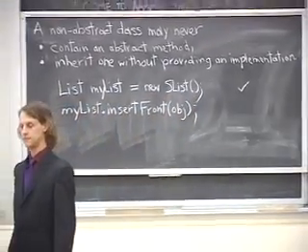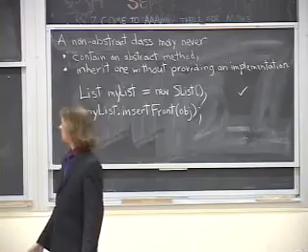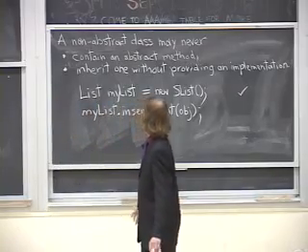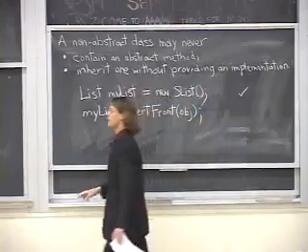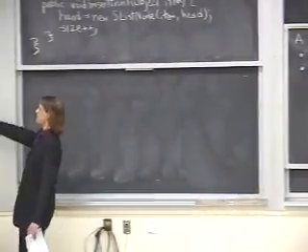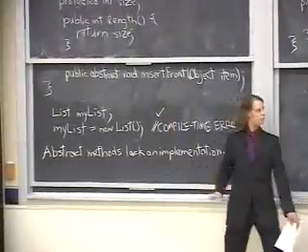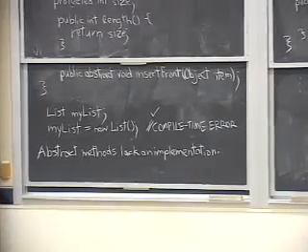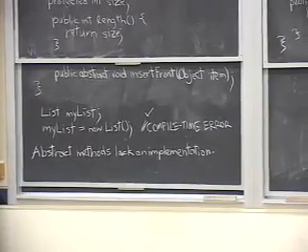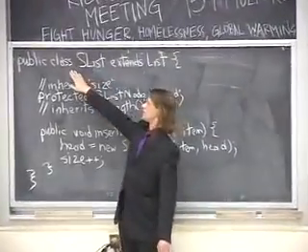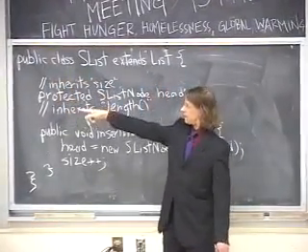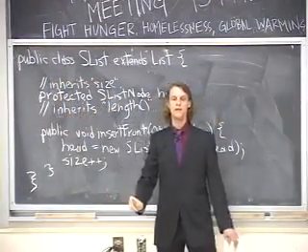Question? You cannot? Okay. Well, there's an example over there. If here is an abstract method, insert front. Here is a class that is not abstract that inherits that abstract method.